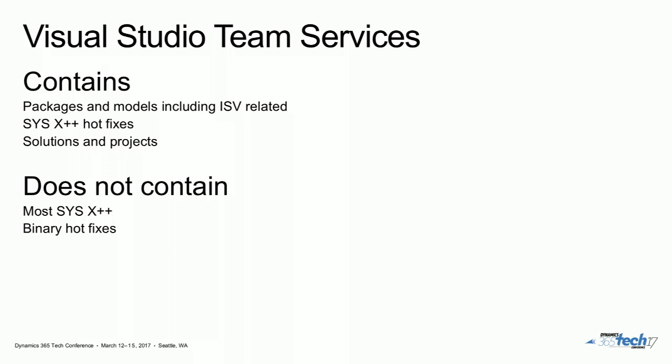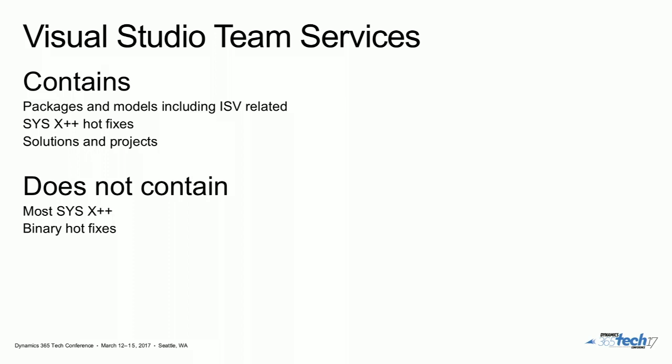And maybe more importantly than consistency, that's how it gets to the build, right? Because the only things that come on a new VM, of course, are the sys models. You also check in the sys X++ hotfixes, so those changes to the sys models, so it's kind of a sparse part of it. And you do that for consistency.